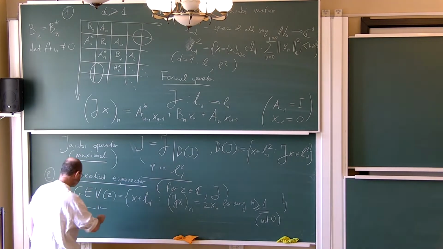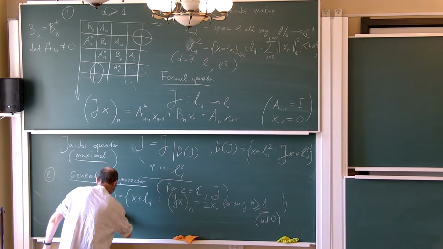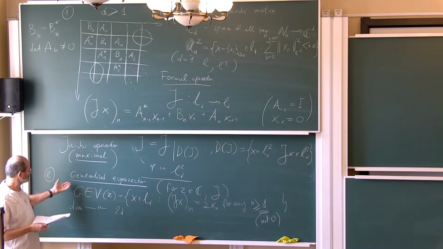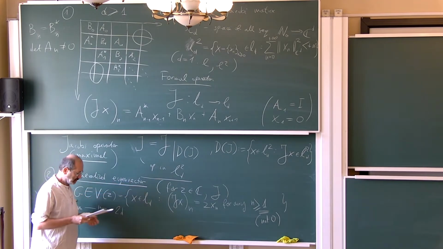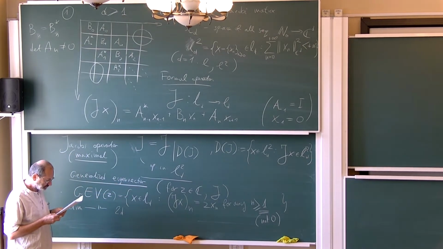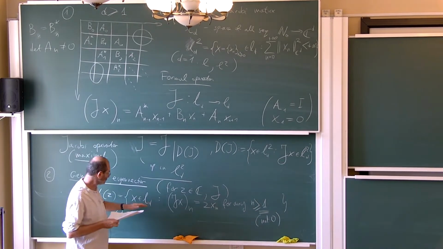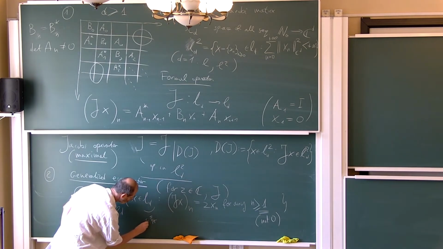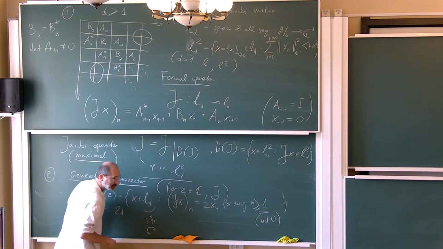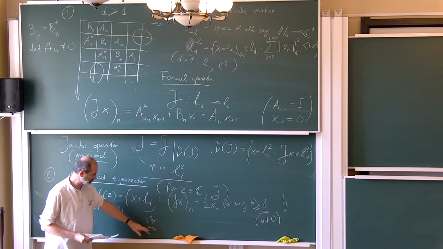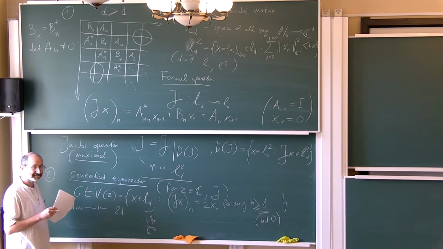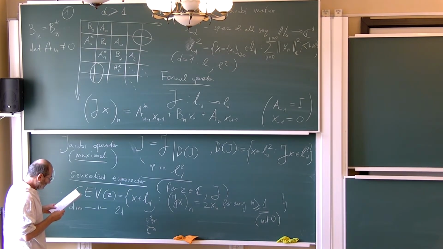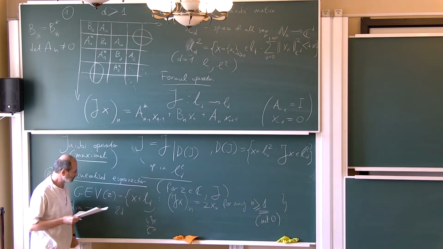This is a linear space, of course. So this is the space of generalized eigenvectors. And what you should remember is that this is in LD, not in L2D. If we restrict ourselves to L2D, it's smaller, usually.